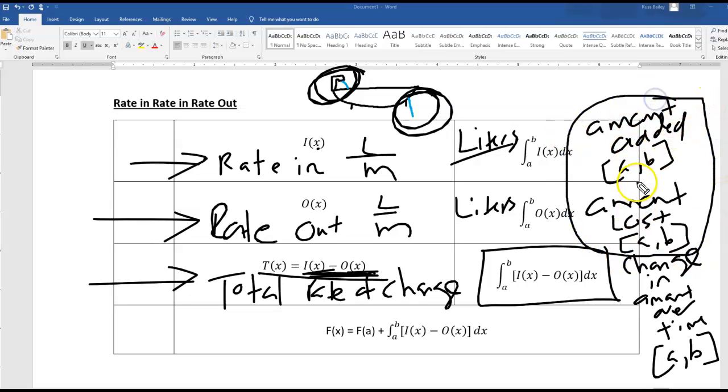You take how much was added and subtract how much was lost. That tells you overall how much the amount of water in your bathtub changed over time.